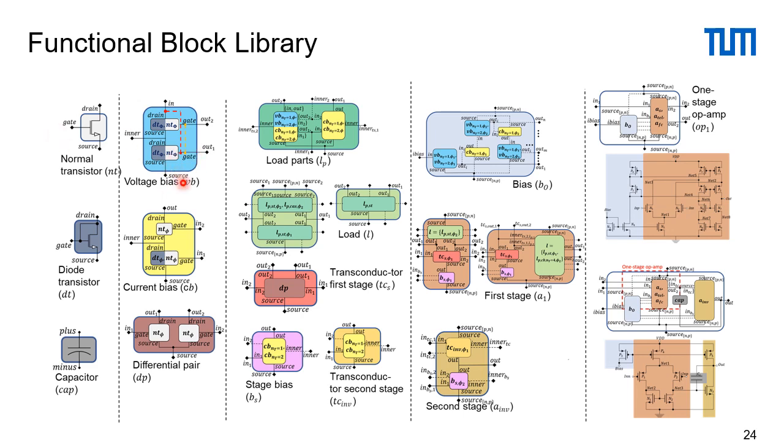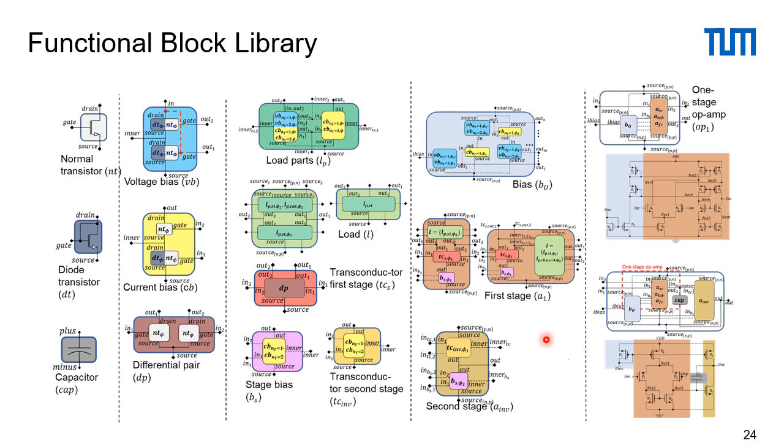The voltage bias in blue is used, for instance, within a so-called load part, and it is used within a so-called bias. Well, the load part in turn, the green thing here, is a load part of an overall load, right? Here with two load parts, here with one load part. The load is used within the first stage and so on.